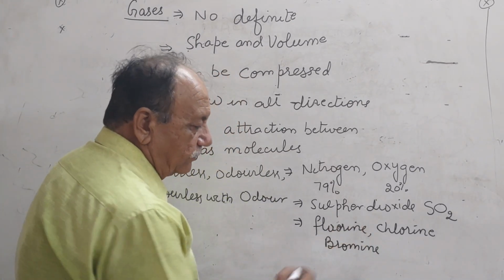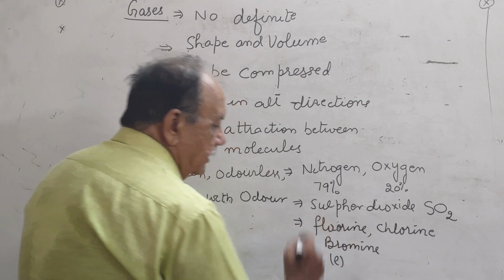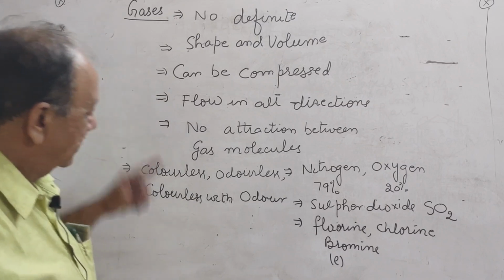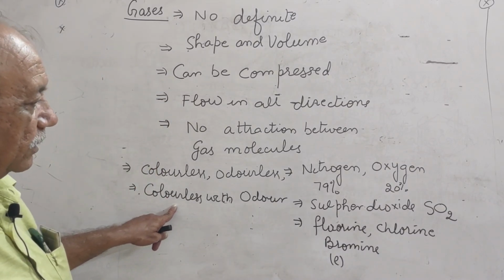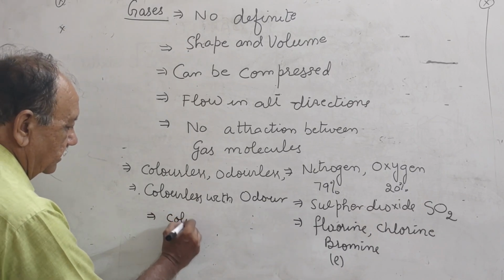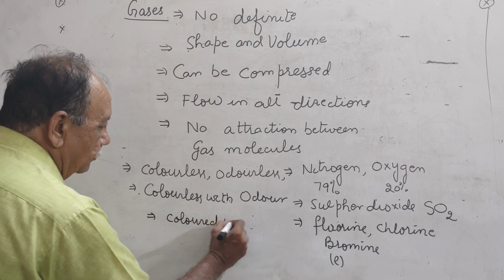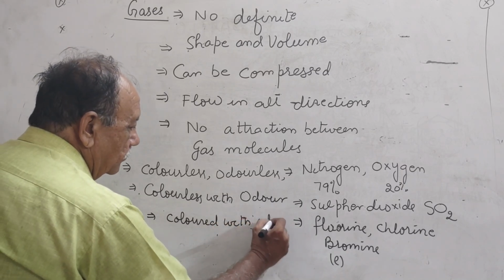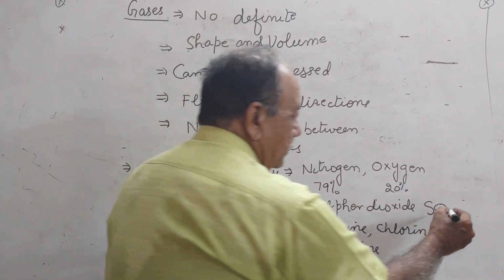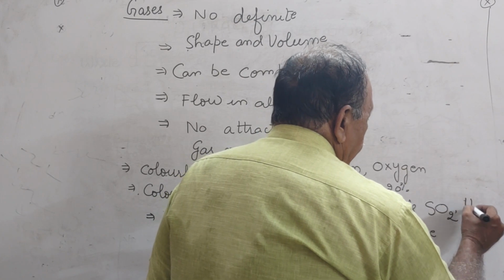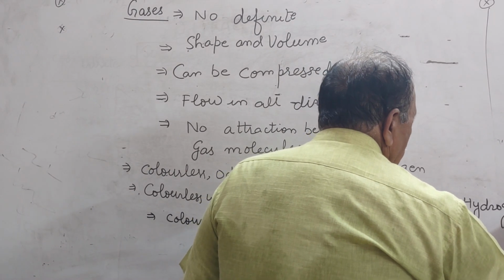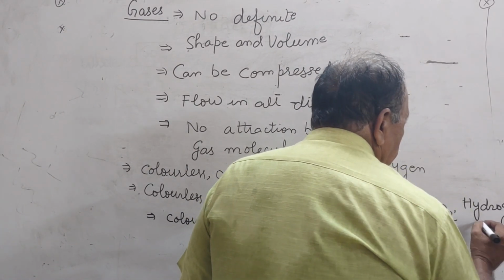Bromine is a gas as well as a liquid at room temperature. These are colorless with odor, but these are colored with odor. Here is sulfur dioxide. Another example, hydrogen sulfide, H2S.